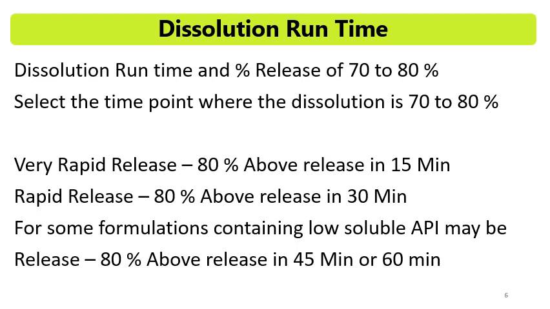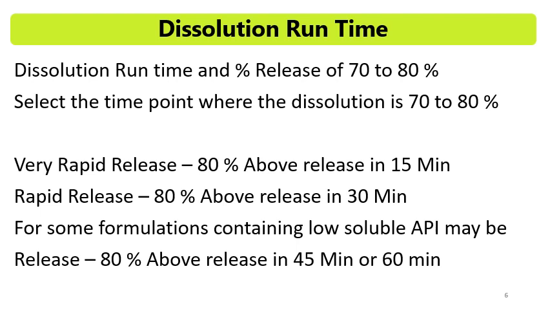So you can set the Q point between 70 to 80% as a standard criteria, and if you are not getting the release of 70 to 80% at the initial time point, for example let's say 15 minutes or 30 minutes, then you increase the time, like go to 45 minutes or you can go up to 1 hour, but your dissolution time point should be such that at which the release is 70 to 80%.